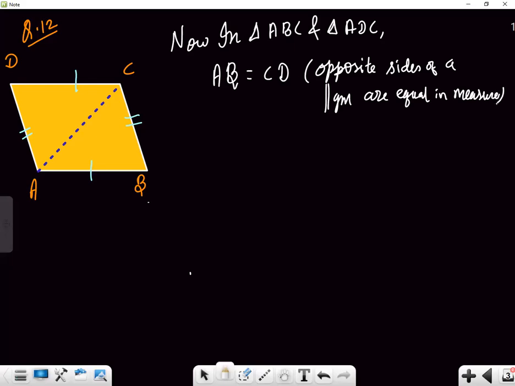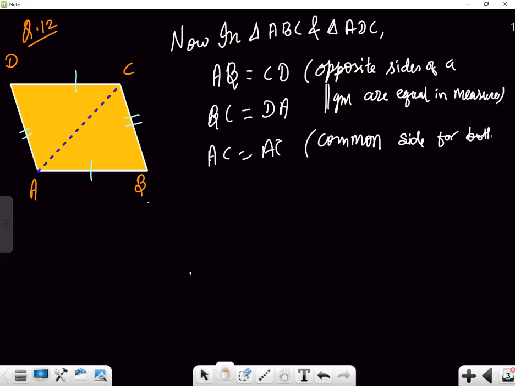Similarly, BC is equal to DA. Both are also equal. Now AC is equal to AC, a common diagonal, a common side for both triangles.